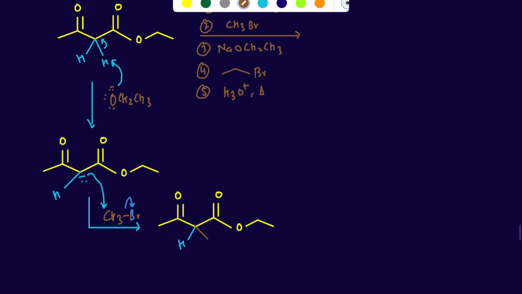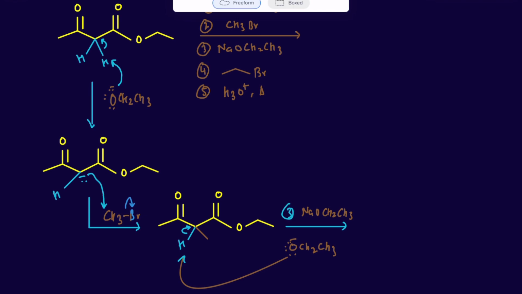So when I'm using the second base here, that would be number three in this case, and I'm using NaO CH2 CH3. So that would do the same thing. I will have this removing this proton here, and this is going to create a negative charge on here.